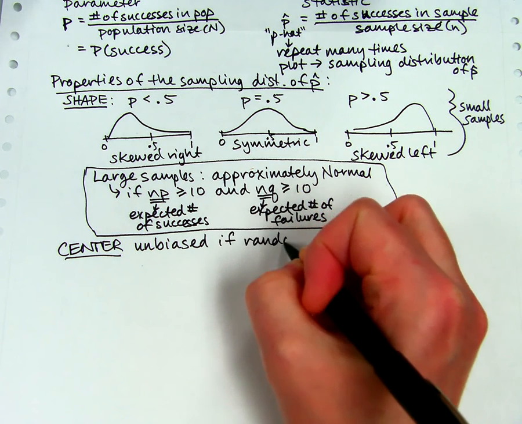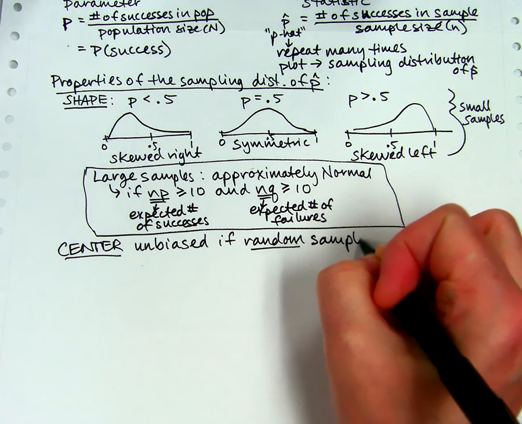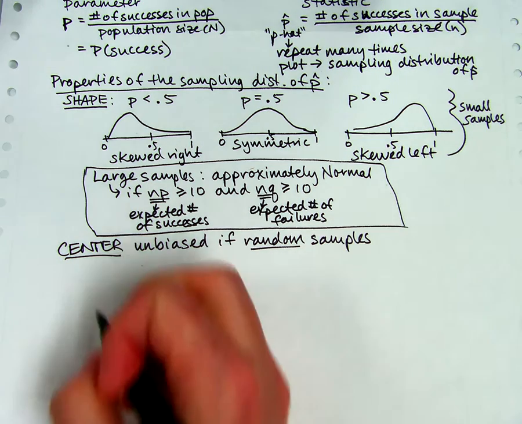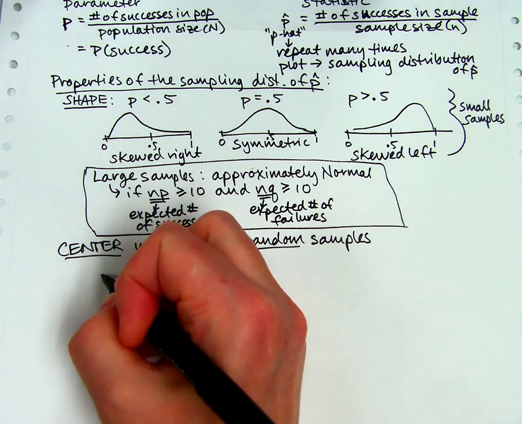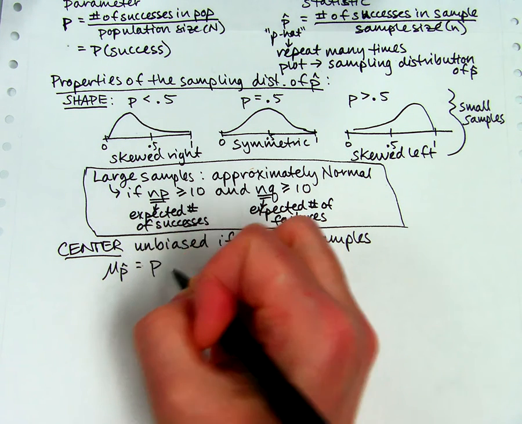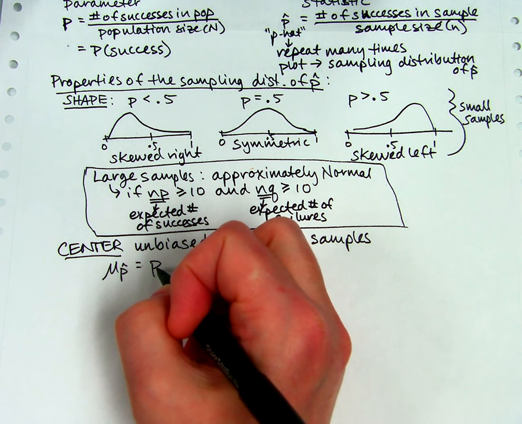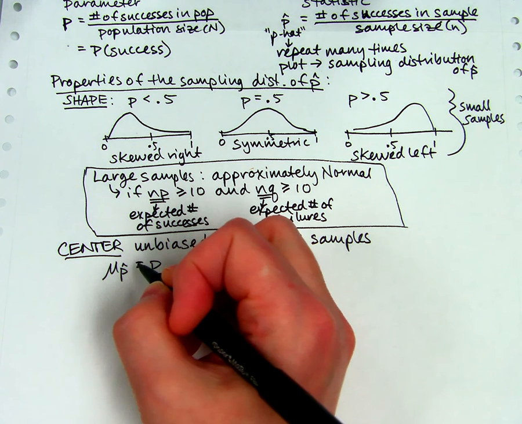So if you do random samples, which is what we hope for, and not biased samples, obviously, then mu p hat would be the same as p. That's the mean of all the statistics matching the parameter, which is the official definition of an unbiased estimator.